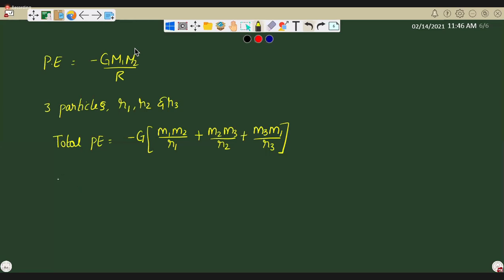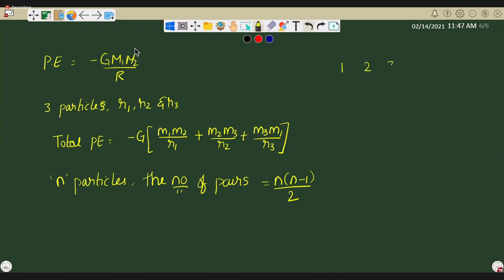So what we say is if there are n particles, the number of pairs will be n into (n minus 1) divided by 2. So if you have 5 particles, how many pairs will you get? 10 pairs. 1, 2, 3, 4, 5.